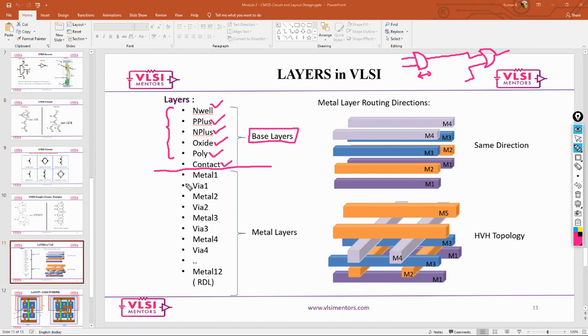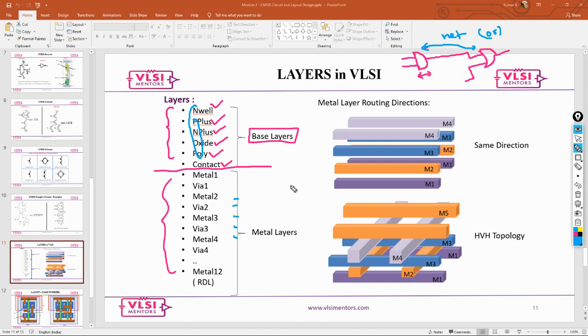Your metal layers are going to be used for the interconnects. So that is the basic thing that I want you to understand. To manufacture the basic transistors, you need all these layers. Now to connect the output to the input, which we call a net, or people call interconnects, we use the metal layers.